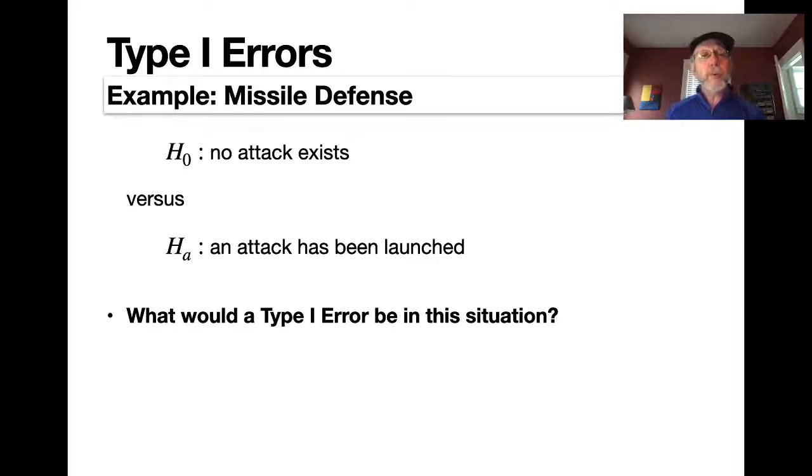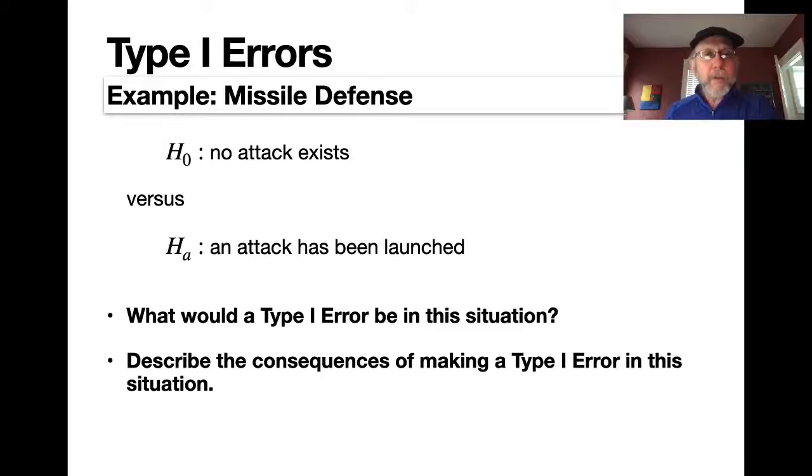And so in this situation, that would mean that it's true that no attack exists, and yet your belief is that an attack has been launched. That would be a type 1 error. You could describe this as a false alarm, sort of in layman's terms, right? No attack is really underway, but you're raising the alarm that an attack has been launched. That would be a type 1 error.